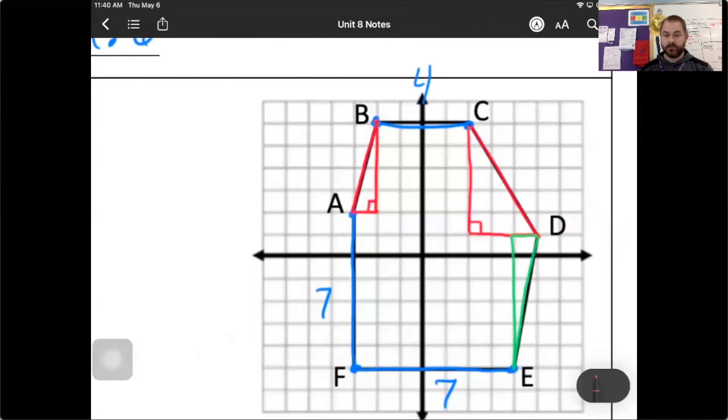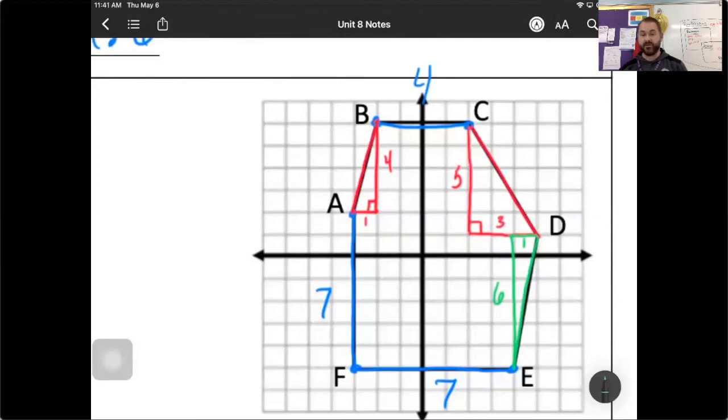So the measurements we need to use for AB, there's a leg of 1, the other leg is 4. Make sure you're counting carefully. For this other triangle to find CD, that left to right leg is a length of 3, top to bottom leg is a length of 5. And this other small skinny triangle has a length of 1, and then from D all the way down to E vertically is a length of 6.